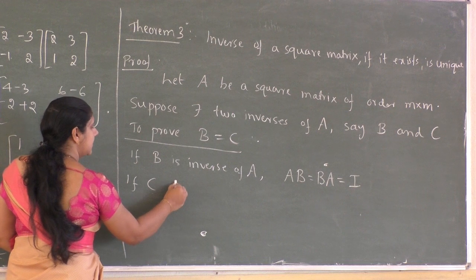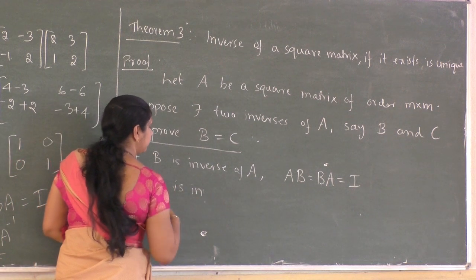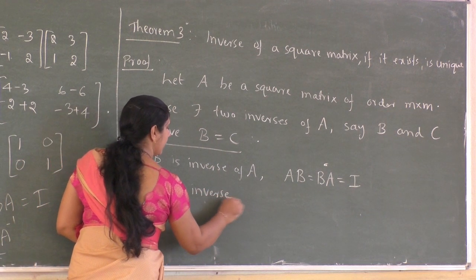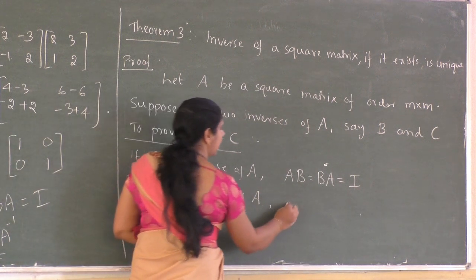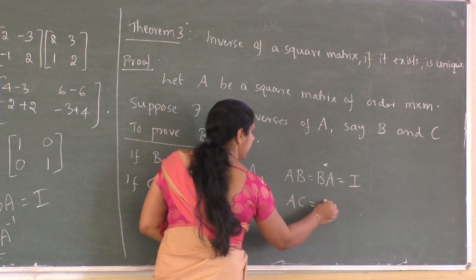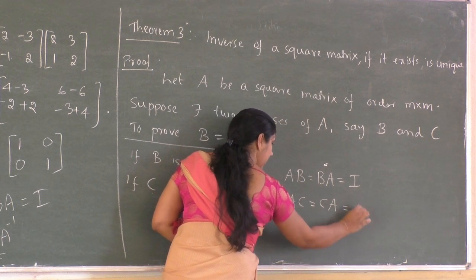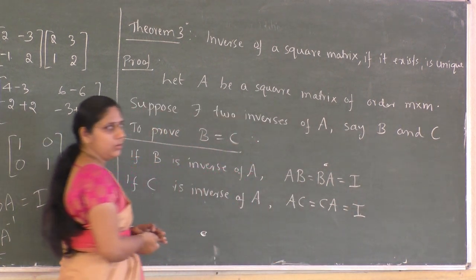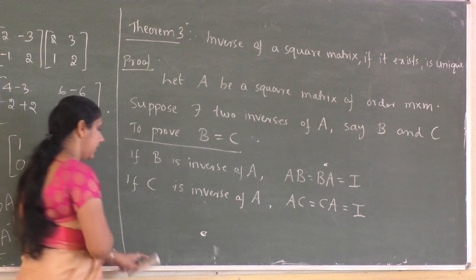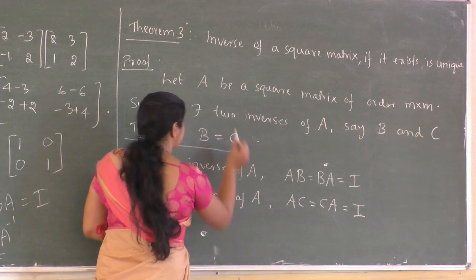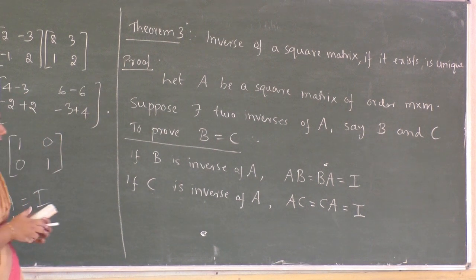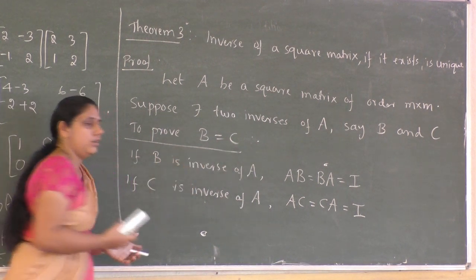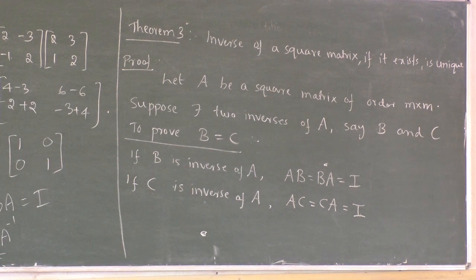So, if C is the inverse of A, then the condition is AC is equal to CA, which is equal to I. So these are the conditions by using the definition of A being an invertible matrix. Now we have to prove the condition B equal to C.